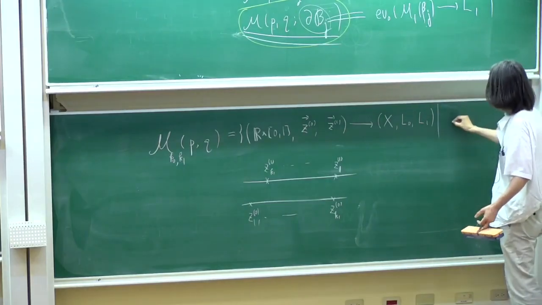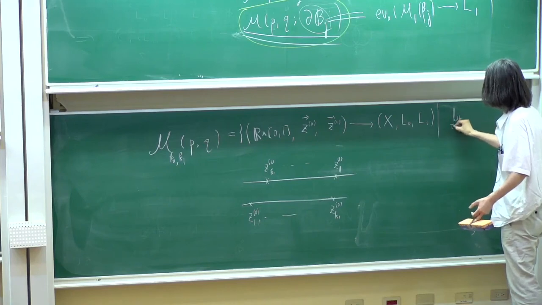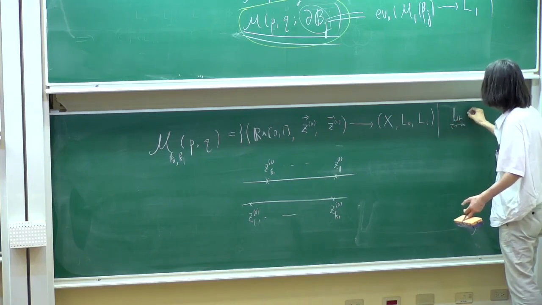And we have certain limit conditions: the limit as tau tends to minus infinity.